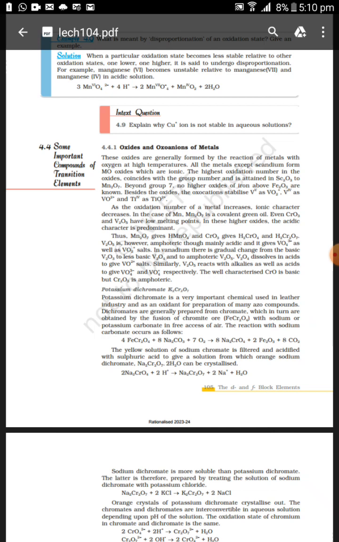Then this sodium dichromate being more soluble in water than potassium dichromate, we can prepare potassium dichromate by reaction of sodium dichromate with potassium chloride. We will get the potassium dichromate which is required.